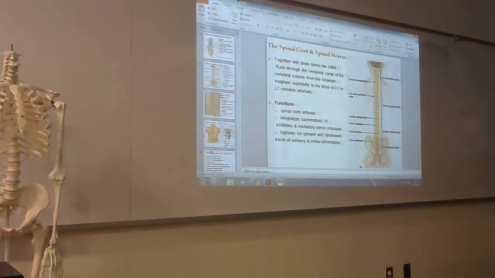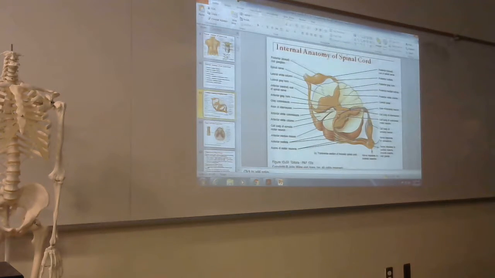Okay, so there will be no more picture like this, but I hope you remember the difference between a root and a ramus for your lab exam. You should know what a root is. The root is the one that is either sensory or motor. The ramus is both sensory and motor. The ramus is the actual nerve that we're familiar with.